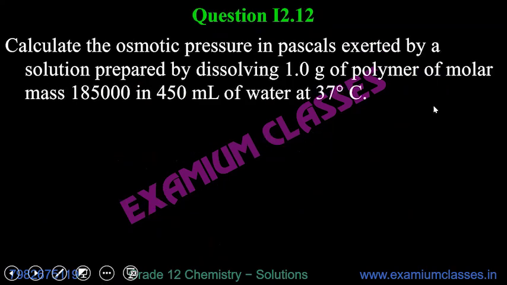Okay, now solve this question. Calculate the osmotic pressure in pascals exerted by a solution prepared by dissolving 1 gram of polymer of molar mass, this much, in 450 ml of water at 37 degrees Celsius. There is nothing you don't know. You have to calculate pi. Pi equals to CRT.